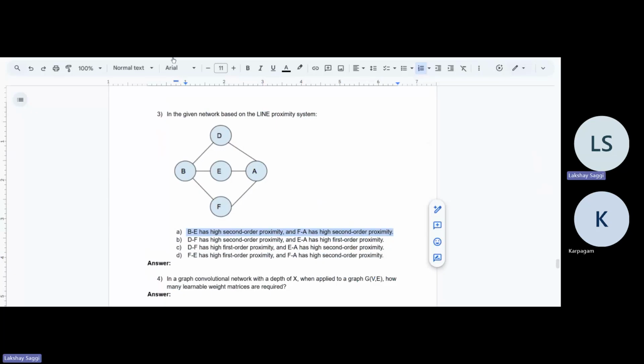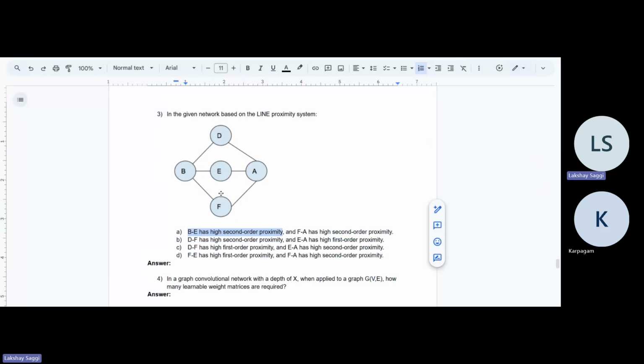So Karpagam, is this correct? What do you think? Is it correct that BE has high second order proximity? Okay, Karpagam is saying DF has high second order proximity.